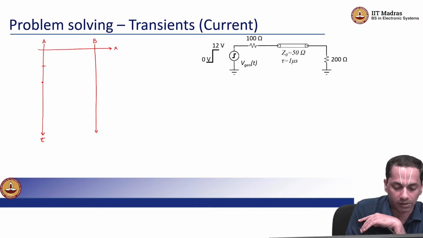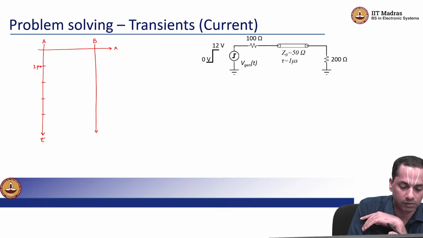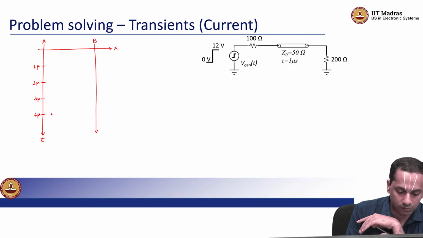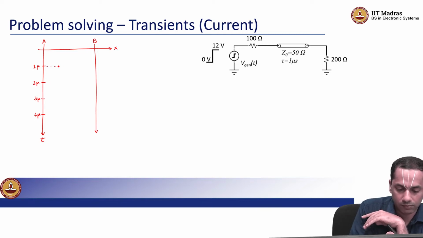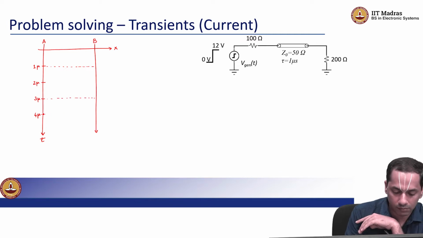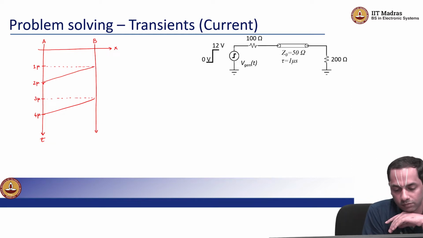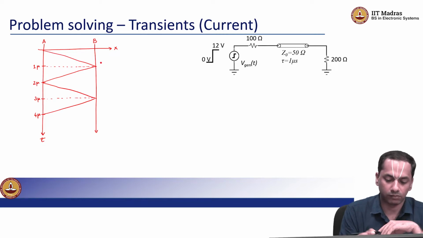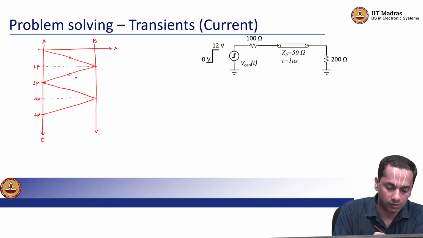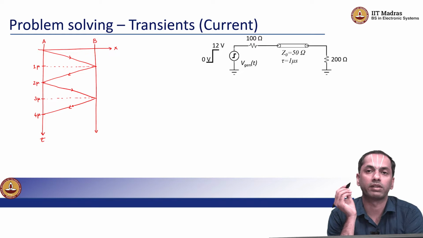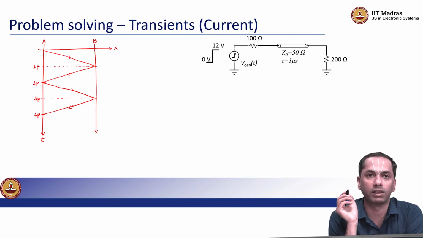So we have the same situation. We have demarcations that are 1 microsecond apart. Okay. So we can draw the same echo diagram for the currents as well.